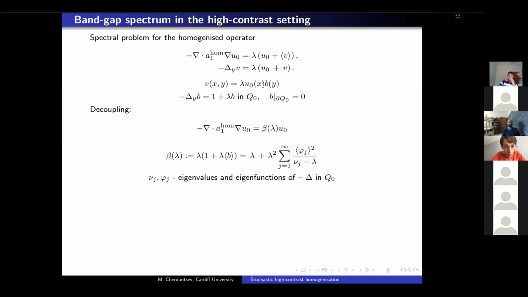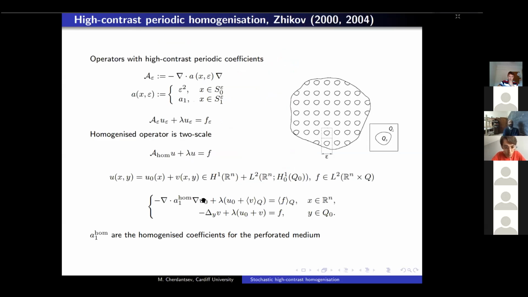If you look at the microscopic part, you see that this term depends only on x. So let us go back slightly. This macroscopic part is the equation on the function u0, which depends on x only. In the microscopic equation, the unknown function v depends on variable y. You have derivatives with respect to y, and x plays the role of a parameter here.